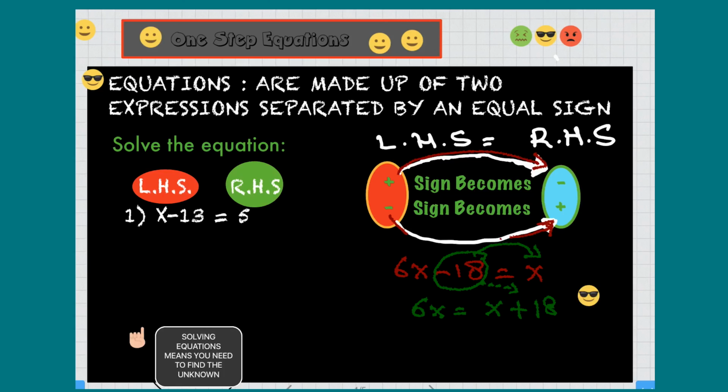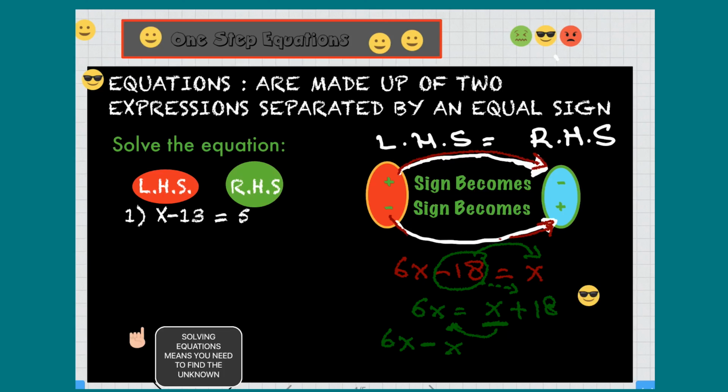And this x, let's suppose I need to take it to the left side now. This is positive x. If there is no sign in front of a term, it carries an invisible positive sign. So it would be 6x, positive x will become minus x, equals 18.